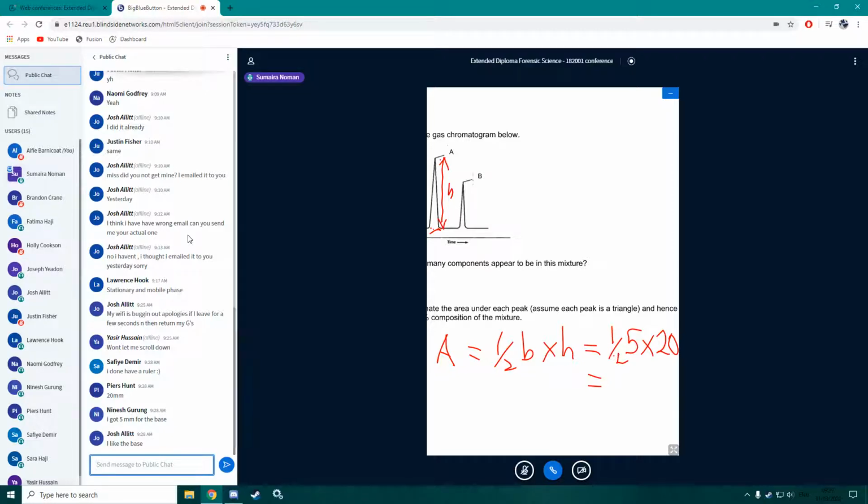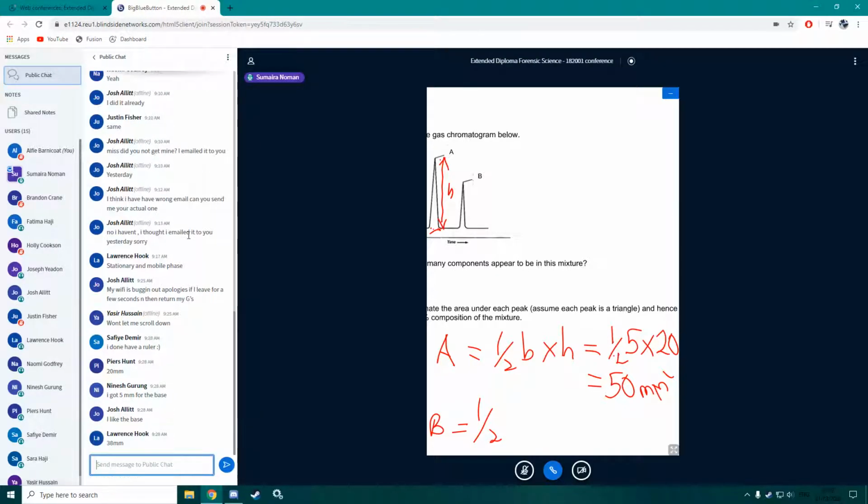Right, so if I do that on my calculator: half of 5 is 2.5, 2.5 times 20, so it gives us 50 millimeters squared. Okay, and then for B, if you do the same for B, we're doing a half base times height, so it'd be a half. And the base in B looks smaller.